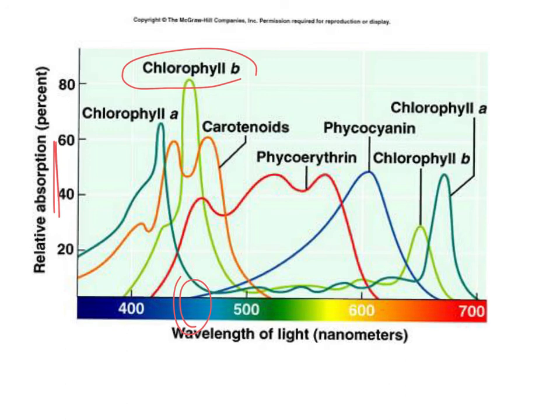Chlorophyll B cannot use green light. Chlorophyll B also can use light around a wavelength of 650 nanometers. So by studying these absorption graphs, I can tell which pigments use, meaning which pigments absorb which colors of light.